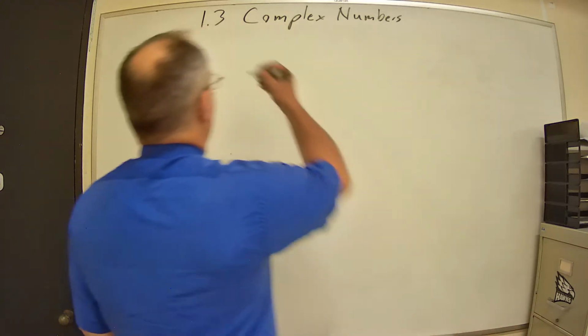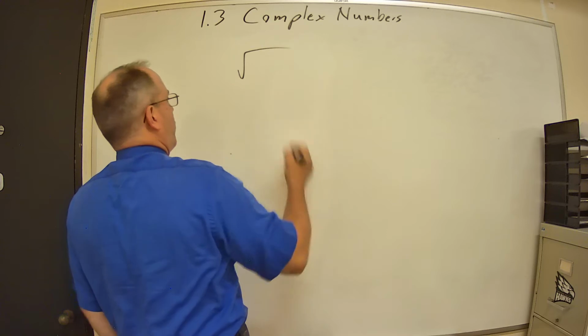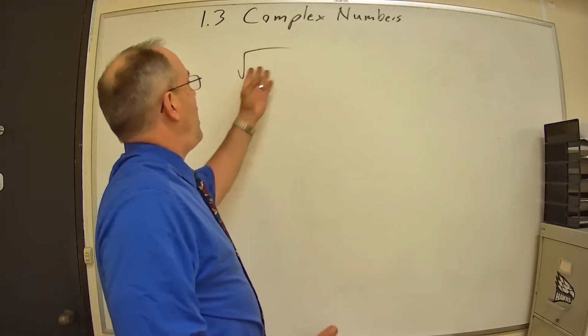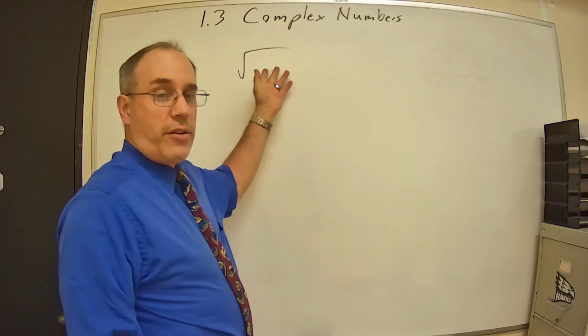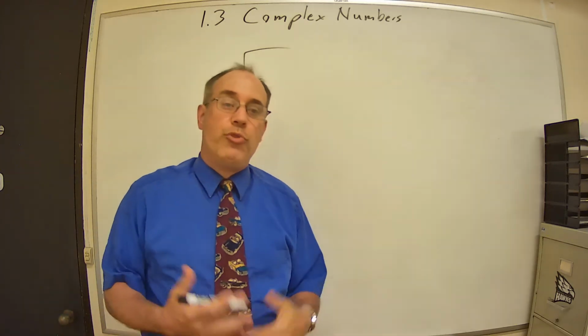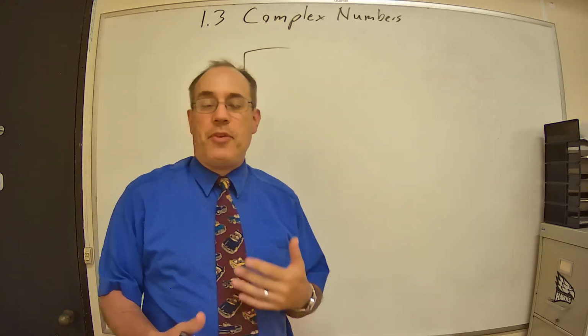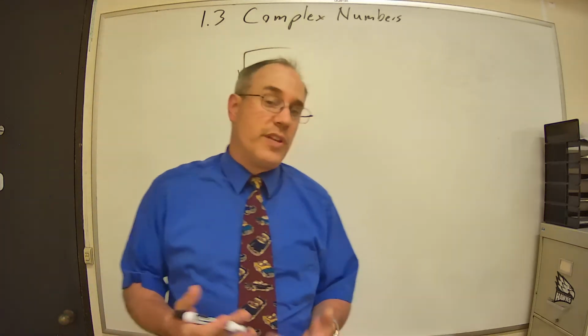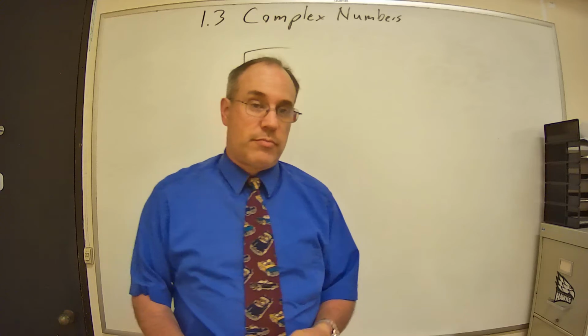Well, when we look at a radical, if we have a positive value under the radical, then we get a real number. That number may be rational if it's a perfect square, or it may be irrational if it's not a perfect square.